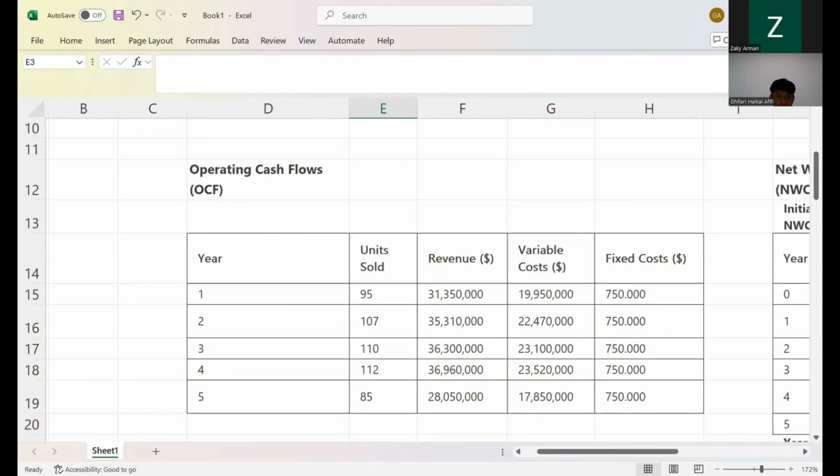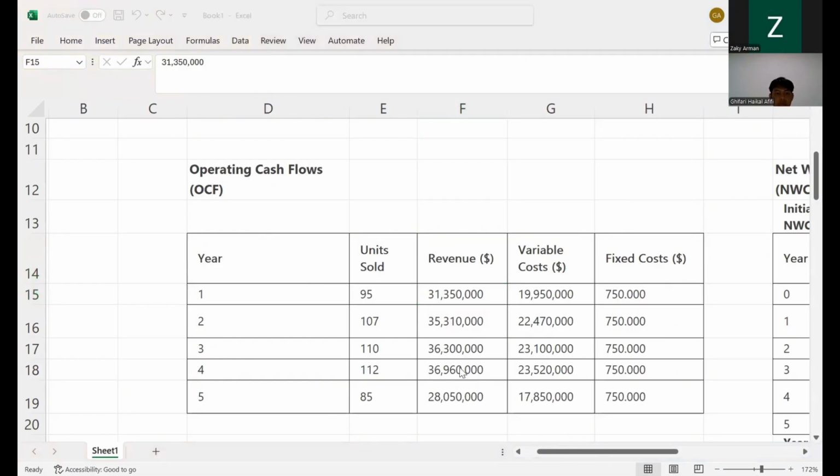Then step 2, we compute the annual operating cash flow. So it is revenue and cost. For the revenue, we get it from the units sold times $330, for year 1 to year 5.